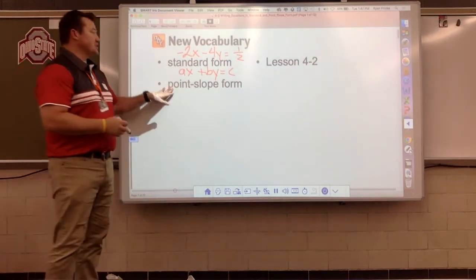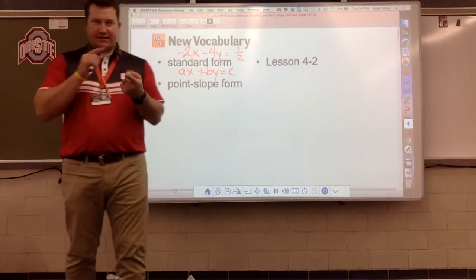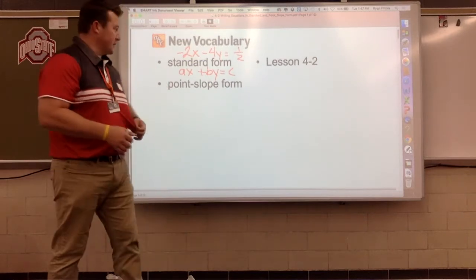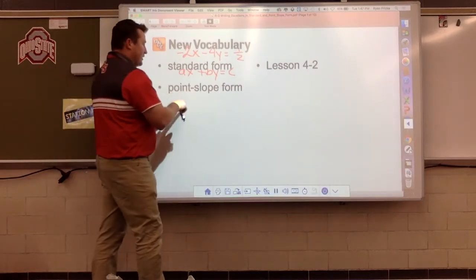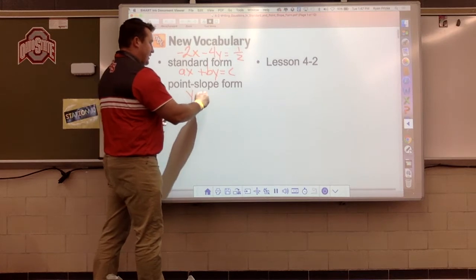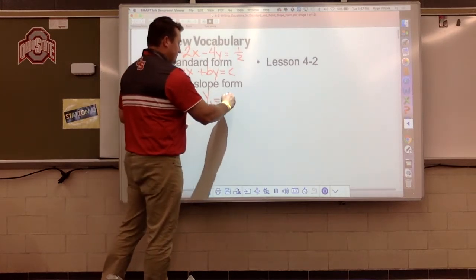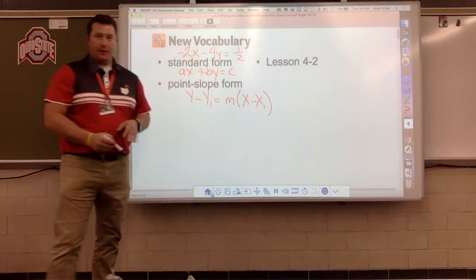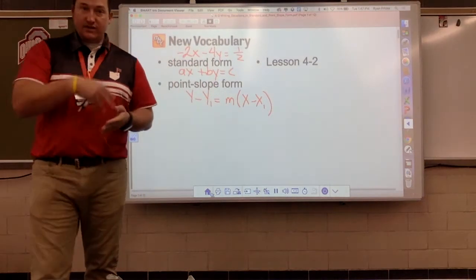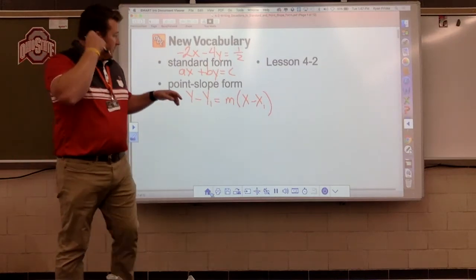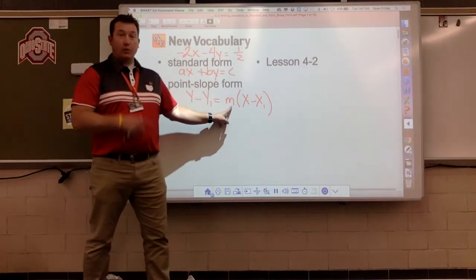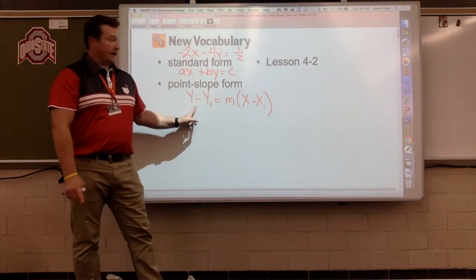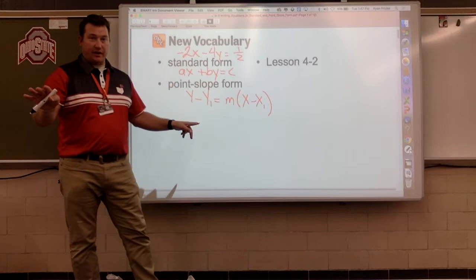All right, point slope. As the name indicates, it's going to have a point and a slope in it, right, when it's all said and done. So point slope form looks like this. y minus y1 equals m(x minus x1). Okay? That is our, like, y equals mx plus b. So, guys, m we should recognize, right, as slope. x and y, those are just my x and y variables, right?